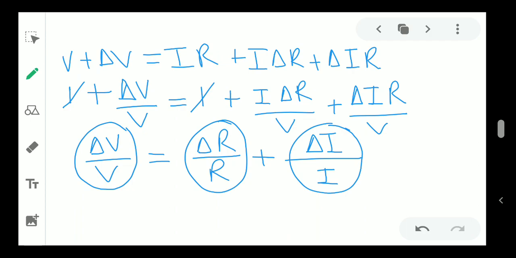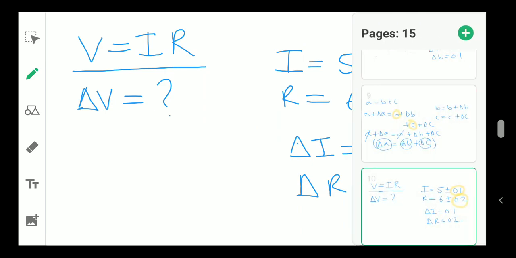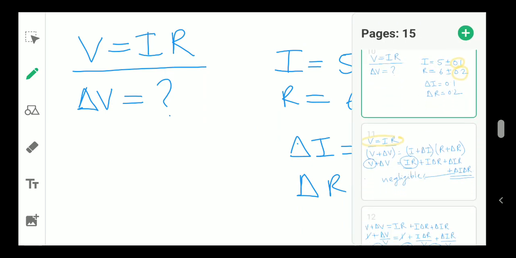So to find the value of these things, you have to first find out the relative uncertainties, then add them, then convert again into the absolute uncertainty. How to do this, I am showing you, it is very easy. So this math I am going to do at the last. Let me take this slide.